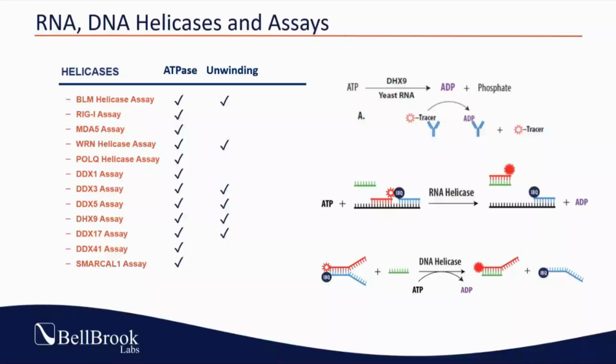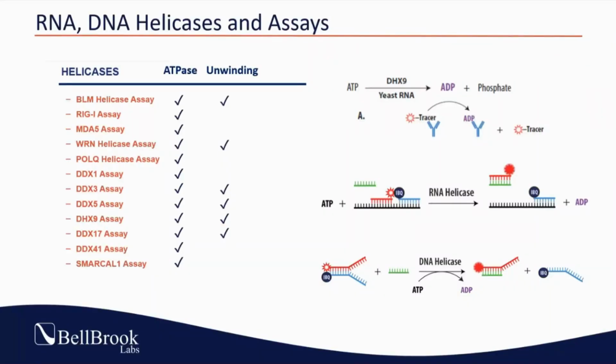First question, you've tested a number of helicases thus far. Do you have plans on validating more as well? Yeah, absolutely. I mentioned that we're working on BLM. We know it's functional. We're scheduled to launch early next year. And we'll also be extending that to POLQ and SMARCAL1.